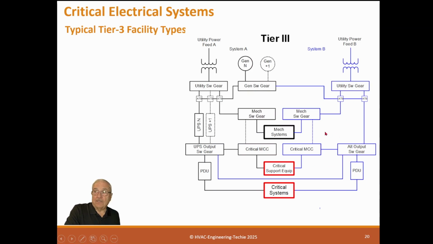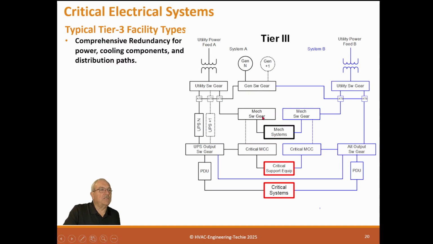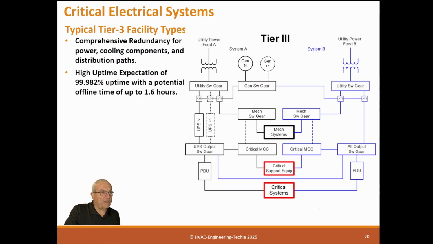So what happens is if A is the normal one that's on, it will be on A. If it has a failure, then everything switches over between the switchgears to side B utility. So the system never sees a power outage. It is actually transferred immediately to the other side. So this is a general layout, and this is comprehensive redundancy for power, cooling components, and distribution paths.